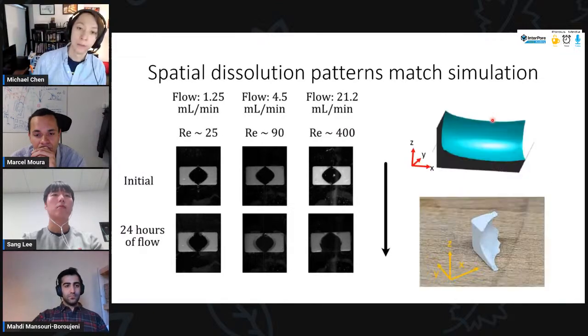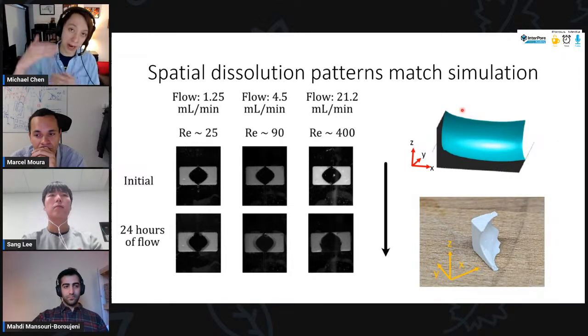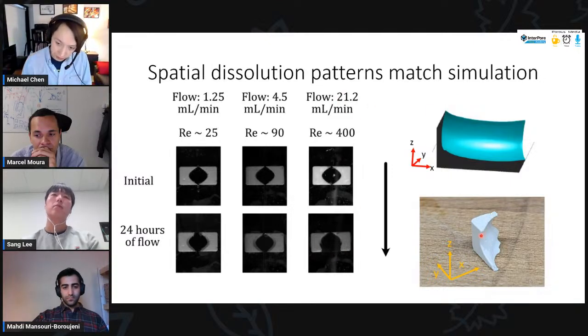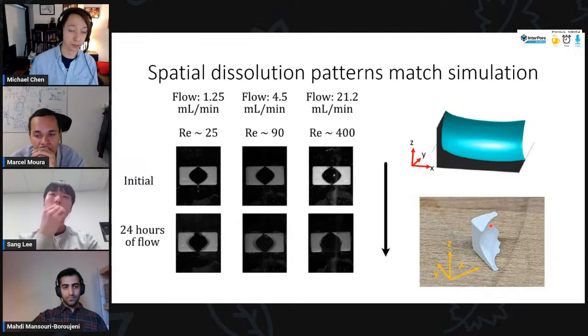And even better, if we look at the simulations, we can see that in the higher Reynolds number cases, there's actually an etching of the middle of the channel faster than the top or the bottom of the channel. And indeed, in this Reynolds 400 experiment, we also see that behavior. We see that the recirculating flows are creating a shape that dissolves the center out faster than the top or the bottom. So that's really encouraging.